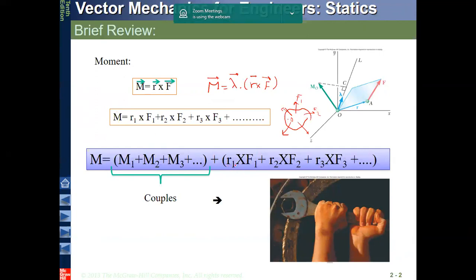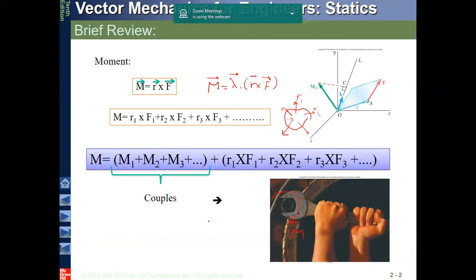So there's another concept here, which is couple. So if you imagine that you have a bolt and you want to rotate this bolt with a wrench. Although you're exerting forces, in statics you show this force by a moment, and we call this a couple.